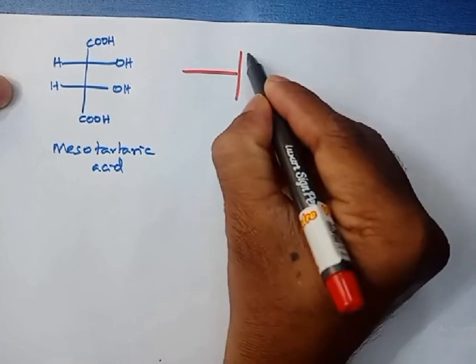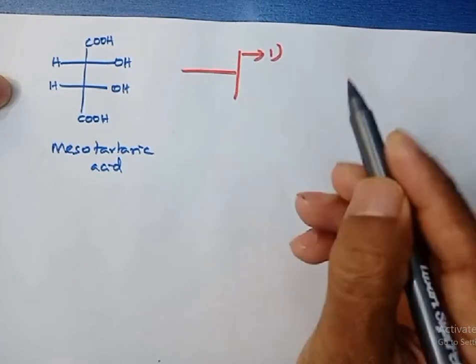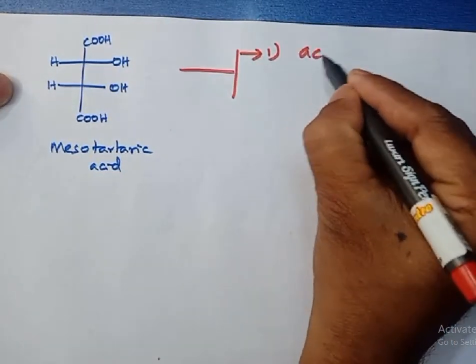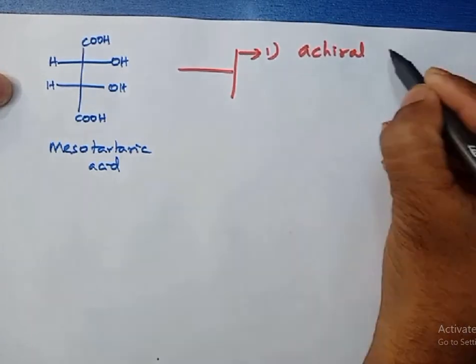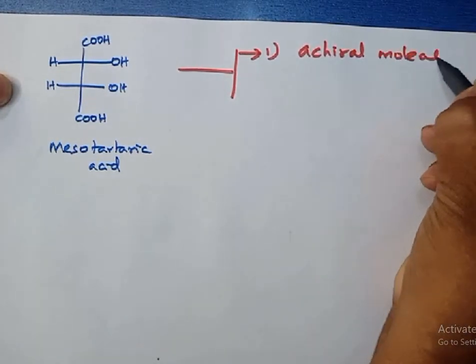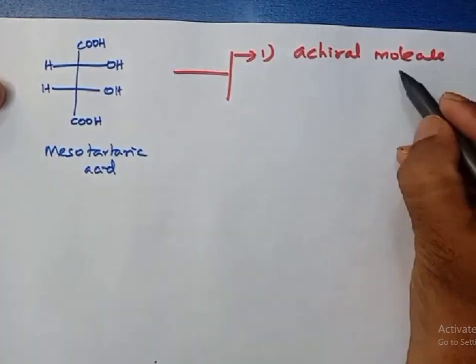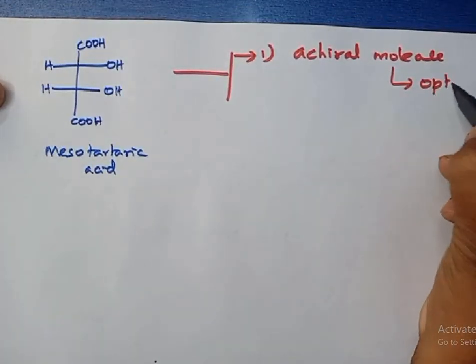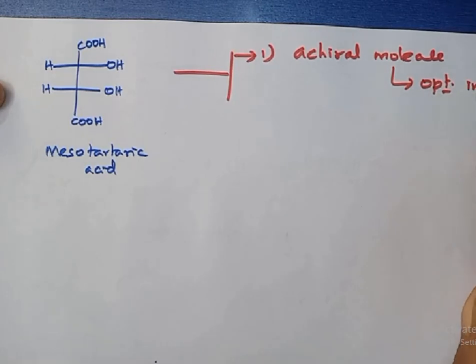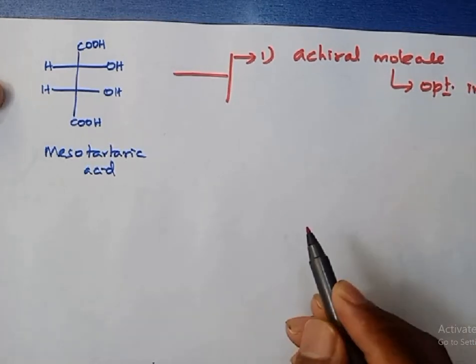Number one, mesotartaric acid is an achiral molecule. Achiral molecule means it cannot rotate light. So it is optically inactive. It cannot rotate plane polarized light.